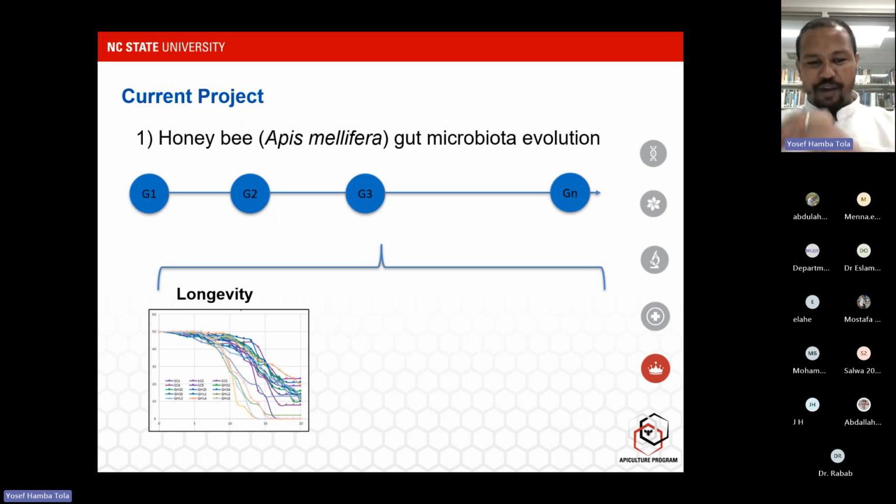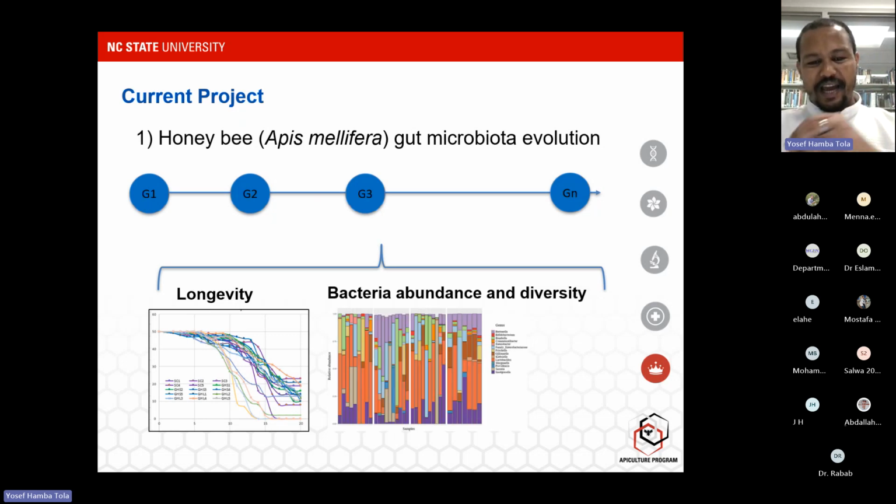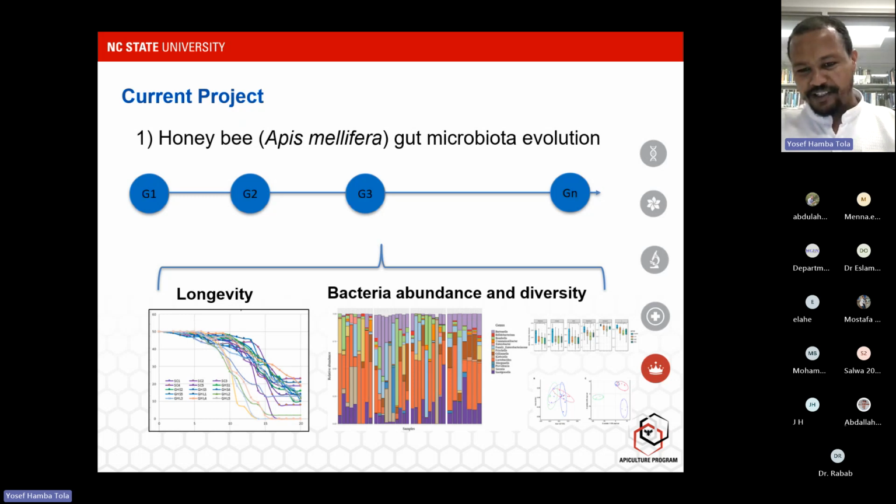I also analyze how bacterial abundance and diversity are reflected in different generations, using alpha and beta diversity. This is my current first project, which is ongoing.